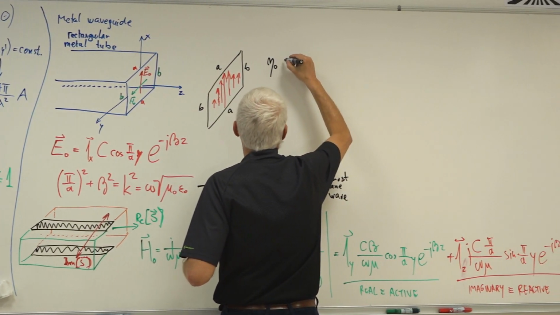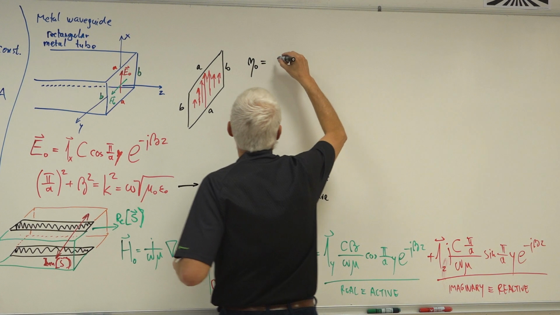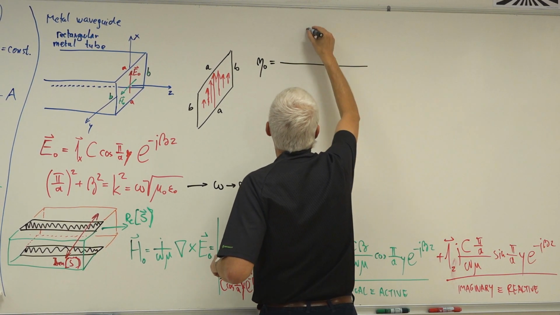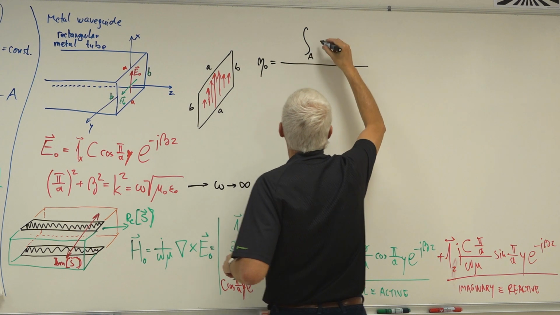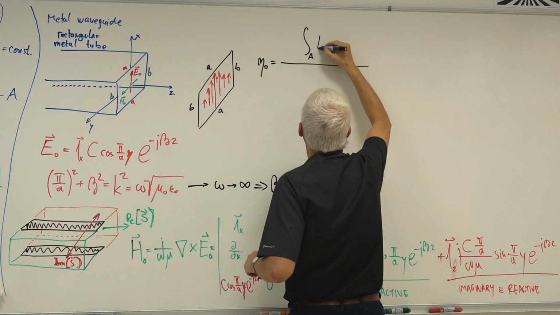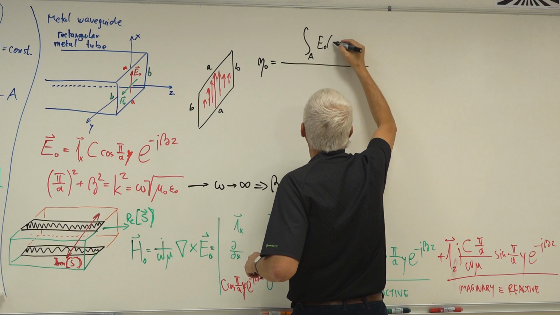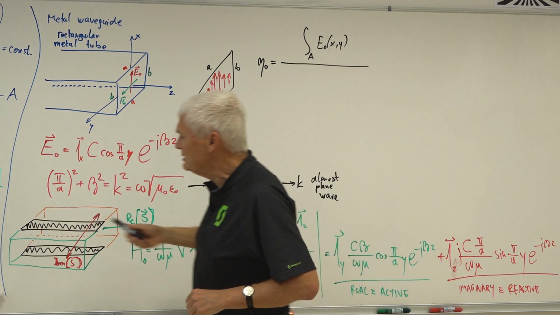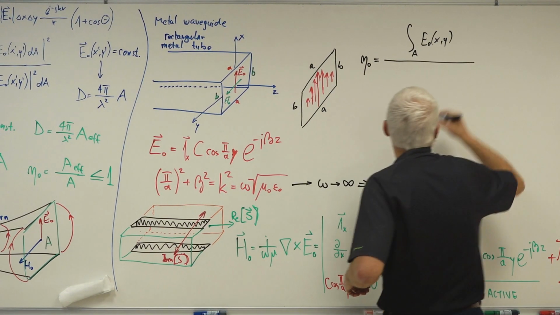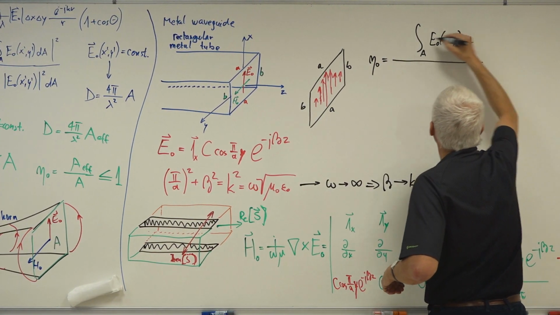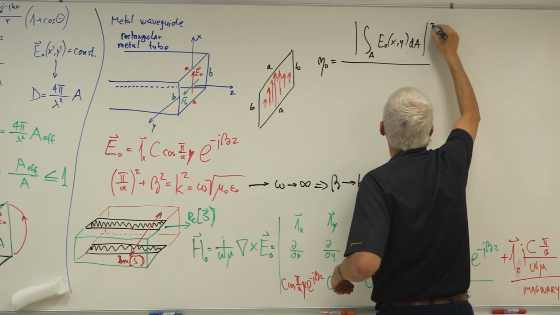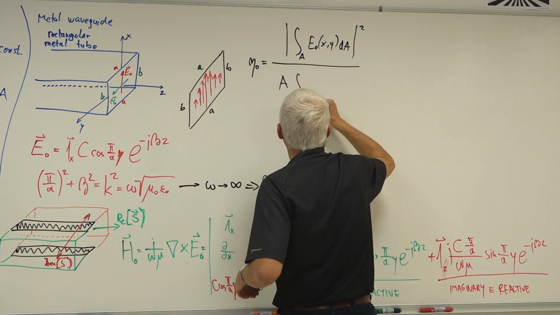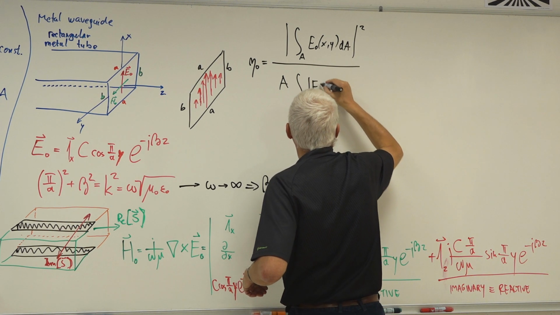The illumination efficiency now is what? On top we have the integral over the whole aperture, E of the aperture, x, y, dA, squared, and at the bottom I have A times the integral over A, field squared, dA. I may write without primes because it's just hard work to write all those prime signs.